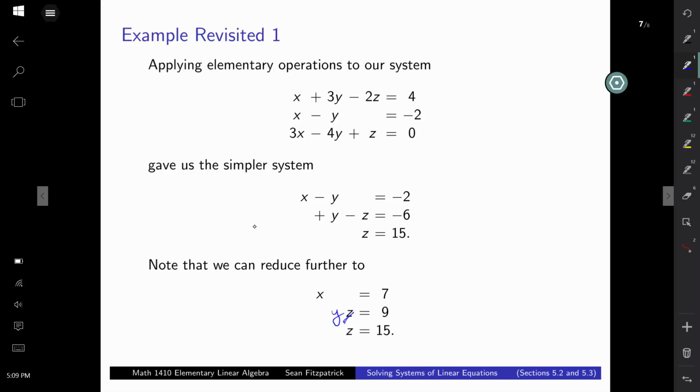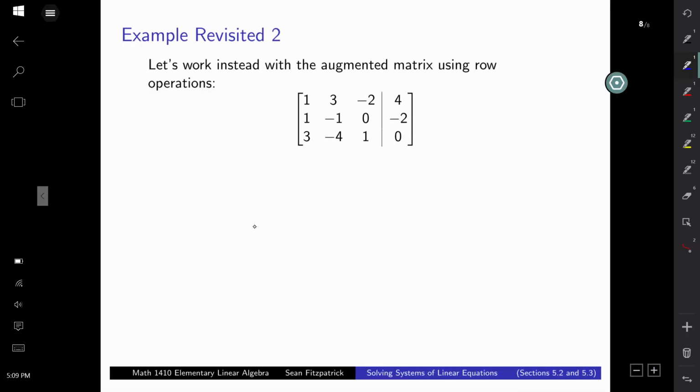So how do we do that if we were working with the augmented matrix instead? If we've got our augmented matrix, the first thing I'm going to do is, well, it's nice to have these 1s, because with a 1 you can easily use it to get rid of the things sitting below it. This is the first step that we do.